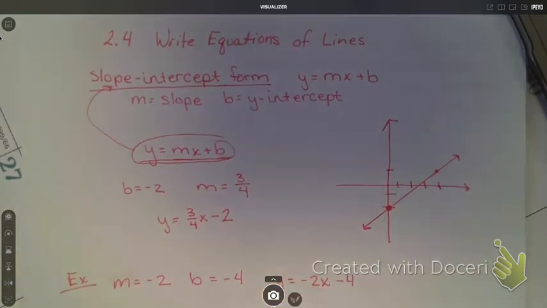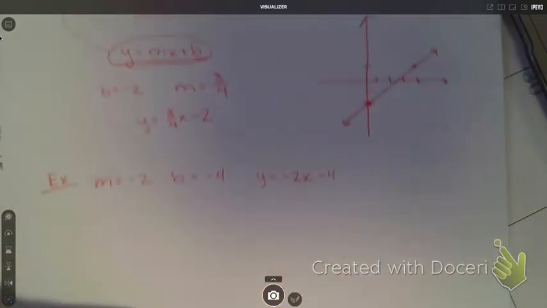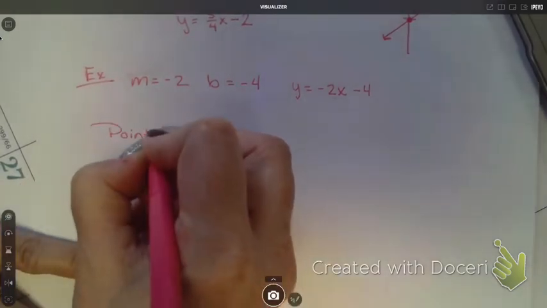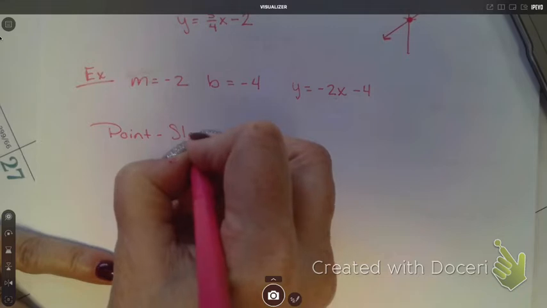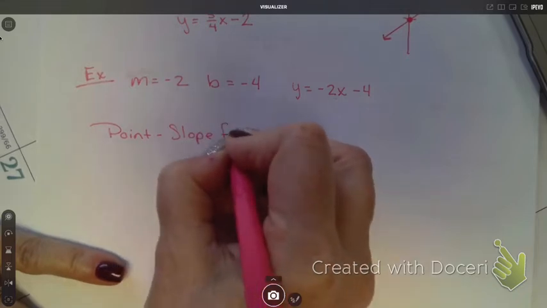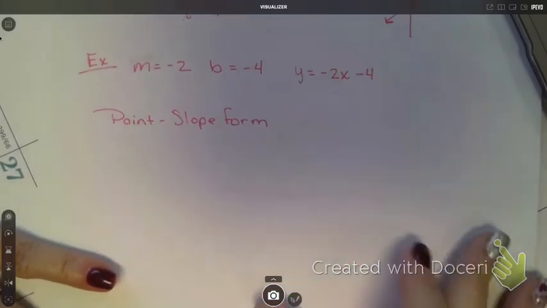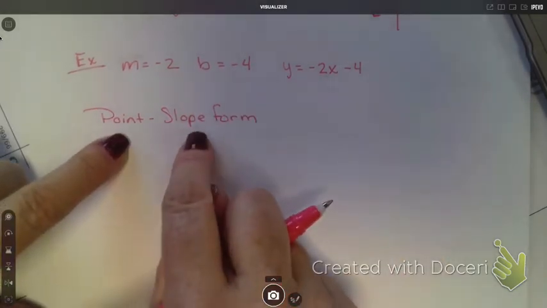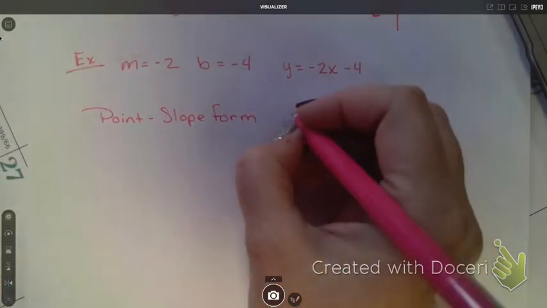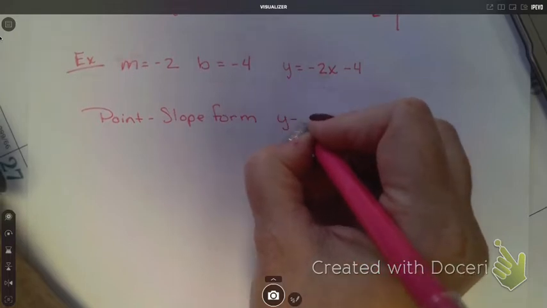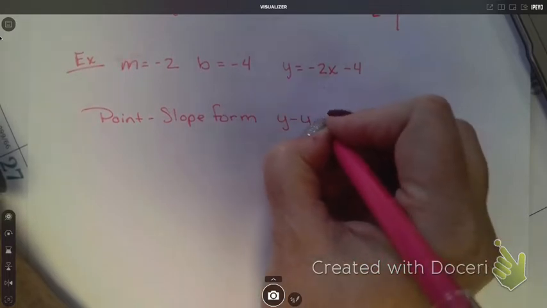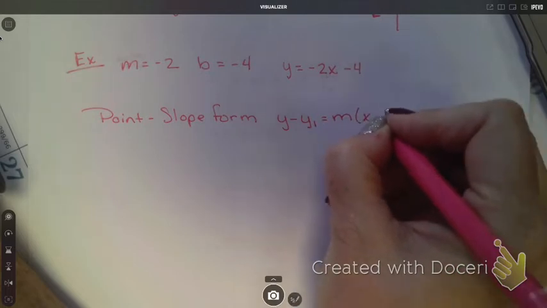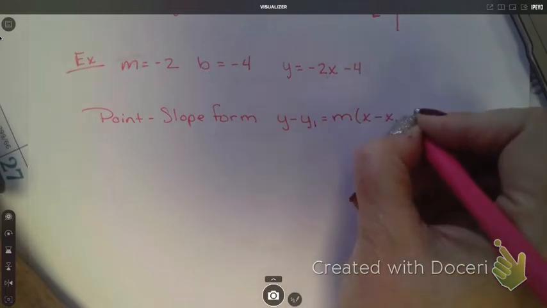Now there is also a form called point slope form. Point slope form uses, guess what? A point and a slope. So it is y minus y1 equals m times x minus x1.